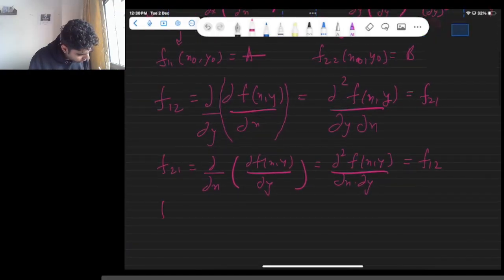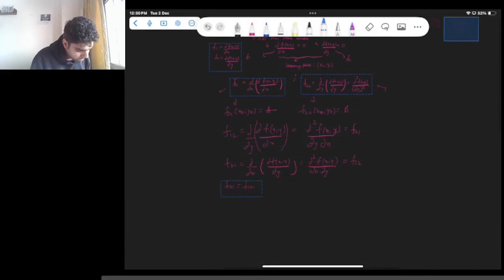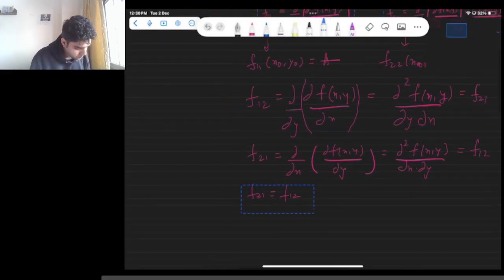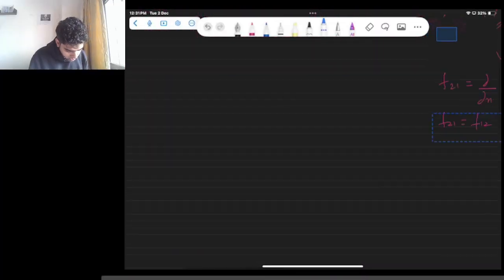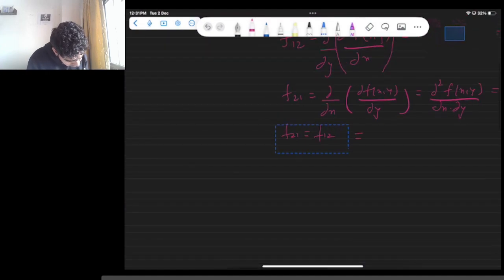So basically f(2,1) is equal to f(1,2). Right? So now this is equal to f(2,1) is equal to f(1,2). Here in the theorem they have written this as.